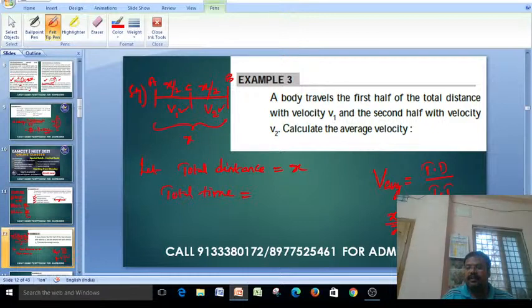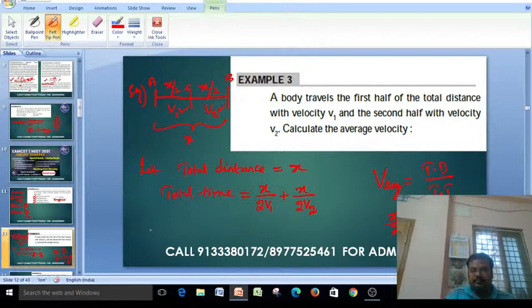So in terms of x and v, the time is x divided by 2v1. So A to C was travelled in time x divided by 2v1, plus the second part C to B, which was travelled in x divided by 2v2.